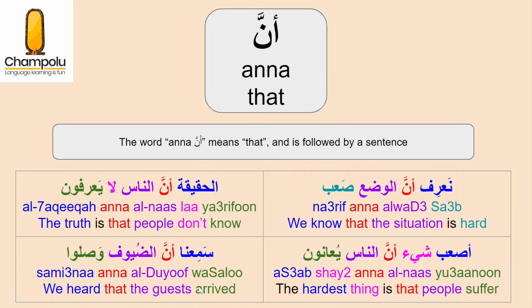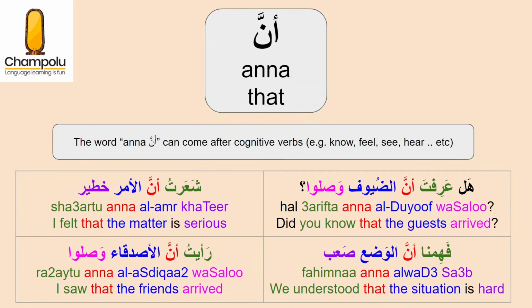So let's go a little deeper, knowing when to use أن here. So the first context that we can find it is when it comes after cognitive verbs. And cognitive verbs here mean verbs like know, feel, see, hear, understand, and things like that.